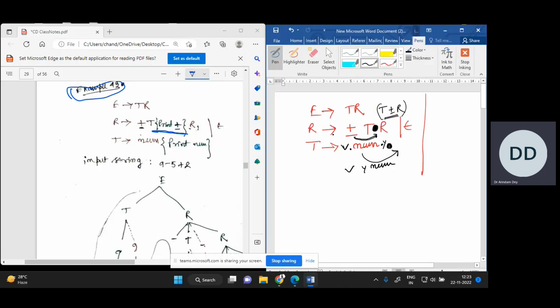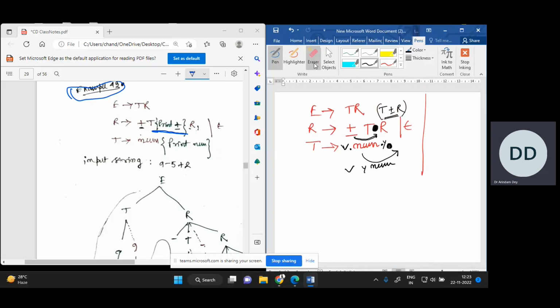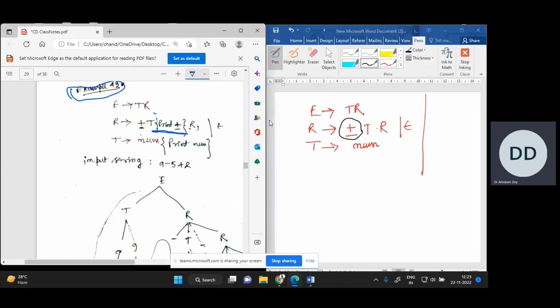Okay. Now let's see an example that will be good to understand. Let me erase this portion over here. Now the only thing I am marking is that if plus minus is there, just as per the statement given here, it will appear in the middle, correct?